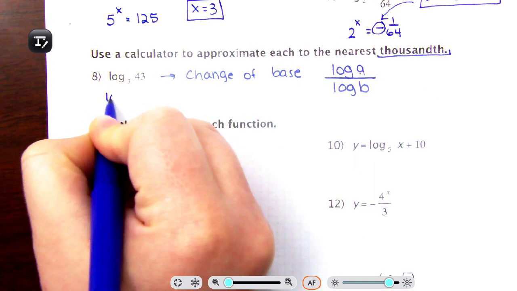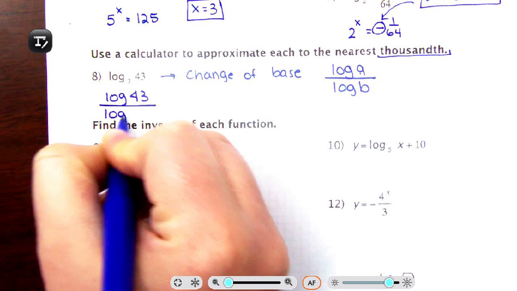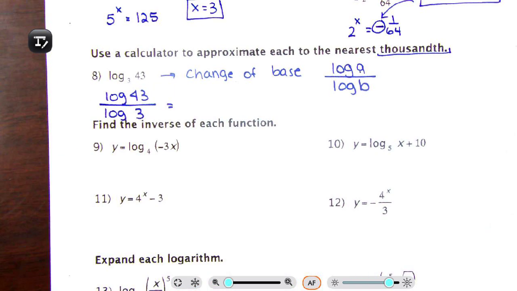So we have log of a, which is log of 43 divided by log of 3. We're going to type that into our calculator.